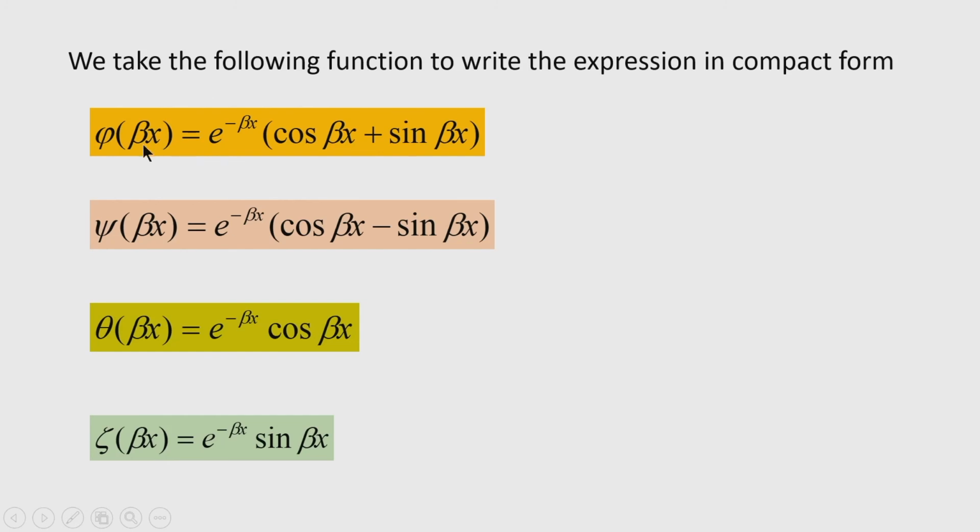Here you can see I have written 4 functions, phi beta x equal to e to the power minus beta x into cos beta x plus sine beta x, xi beta x equal to e to the power minus beta x into cos beta x minus sine beta x, etcetera. So, here we have used only these two functions, theta beta x and xi beta x.